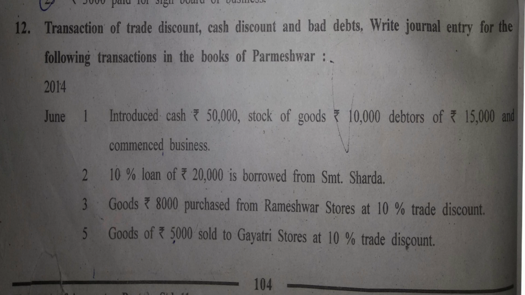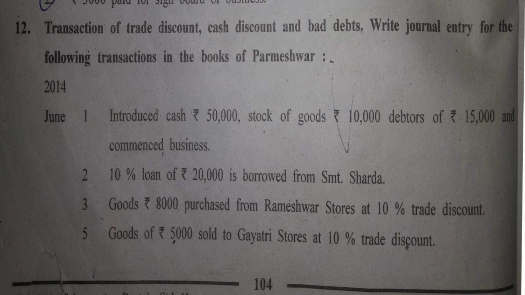See here they have written in the beginning of the question itself, transactions of trade discount, cash discount and bad debts. Write journal entry for the following transactions in the books of Parmeshwar. The transactions about bad debts we have understood in illustration 10.